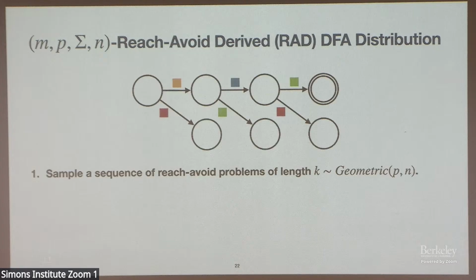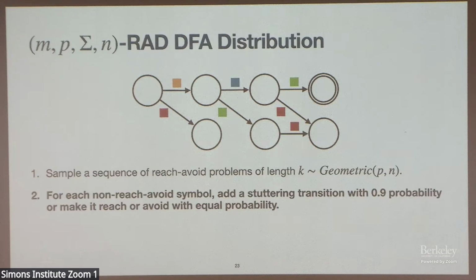It has 4 steps. So first, you sample a sequence of reach avoid problems, and it looks like this. So at the beginning, your first problem is go to orange, avoid red, and so on. And then for each non-reach avoid symbol, so other symbols you have, add a stuttering transition with a certain probability, or make it a reach or avoid symbol with equal probability.